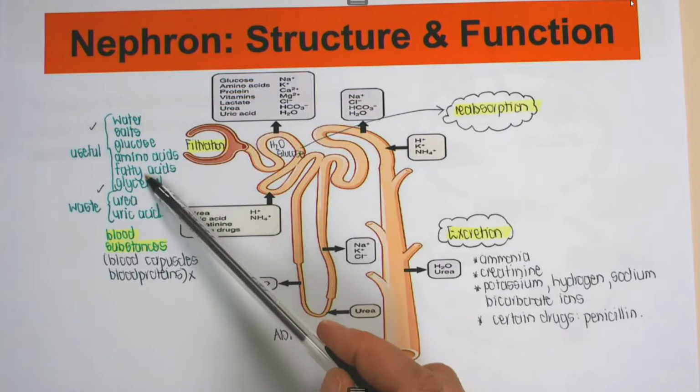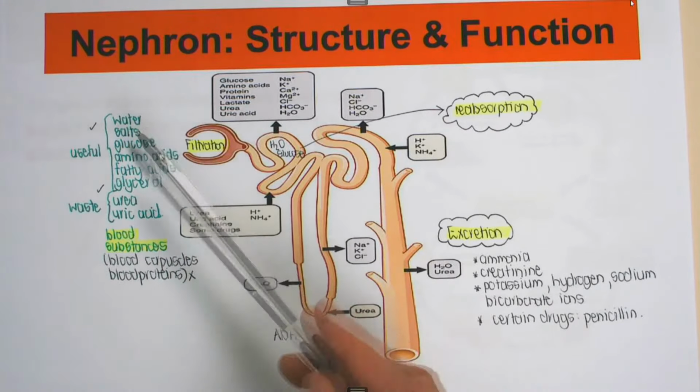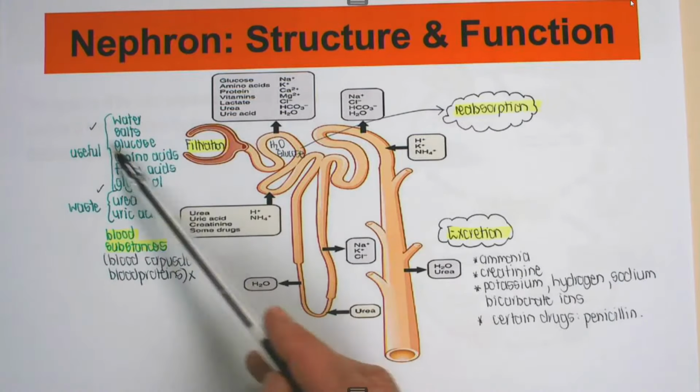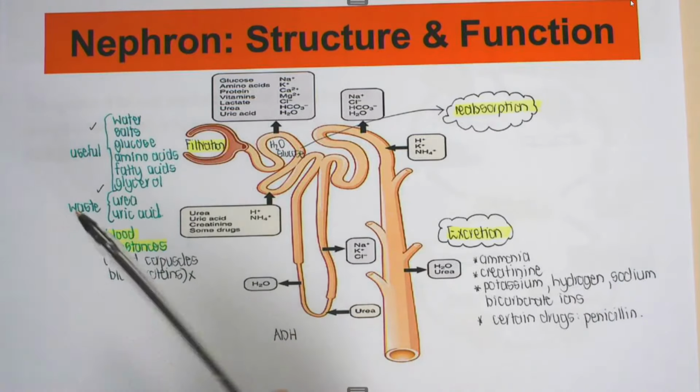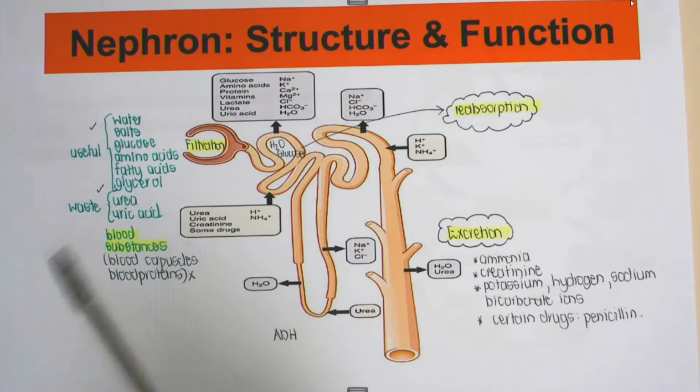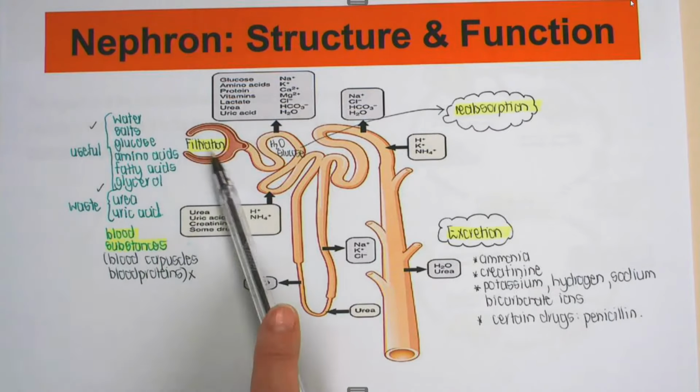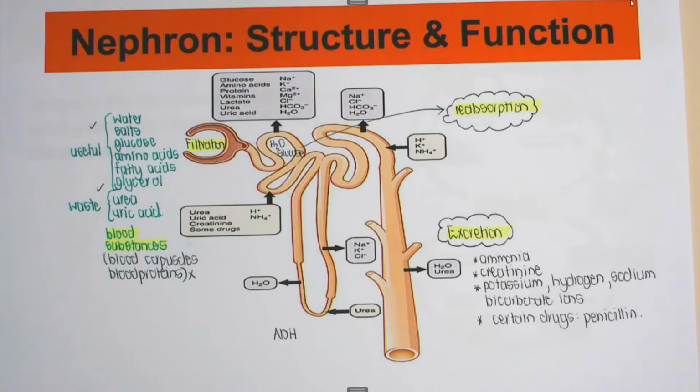Your body digests food and absorbs it, changing it to its building blocks, the smaller parts, which are useful. Filtration. The waste is urea and uric acid, and there can also be blood substances there, blood corpuscles and blood proteins, but they can't be filtrated, they can't go through, they are too big.